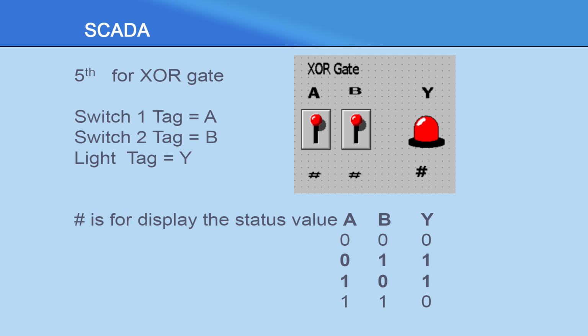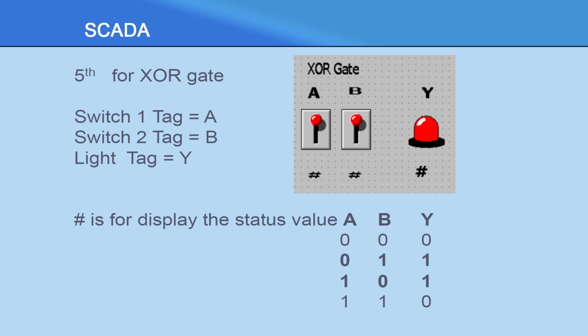So here is the same process. The tagging is the same: first switch A, second switch B, and for the light indicator Y. For the XOR gate we know the logic operation: when both the inputs are the same, when input is 0 0, output is 0. When input is 1 1, output is 0.